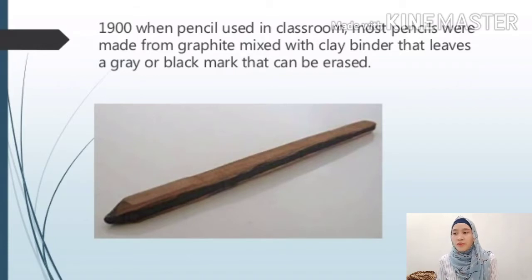Most pencils were made from graphite mixed with clay binder that leaves a gray or black mark that can be erased. So this graphite pencil is also useful. Engineers use this graphite too. And when we did experiments in physics, I also used this graphite pencil. It has a source of energy that can light up a small bulb. So graphite is really useful in physics. It has energy that builds up.